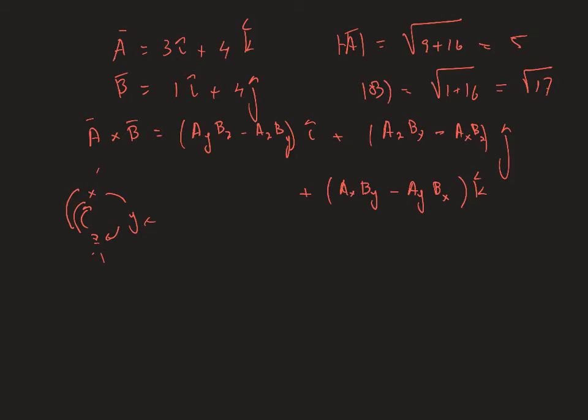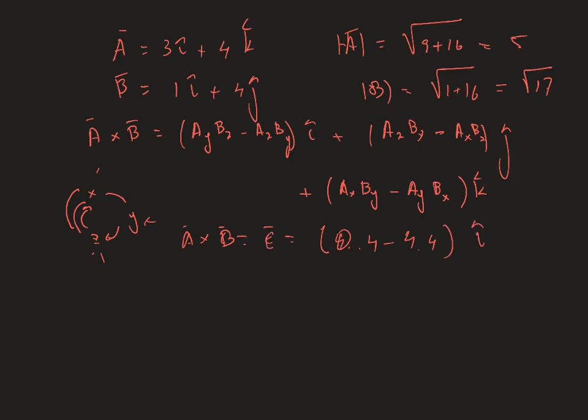Yes. So A cross B will be a vector C, and the vector C will be, in the I direction, AY·BZ minus AZ·BY. AZ is 4 by BY, that is 4, yes, in the I direction.